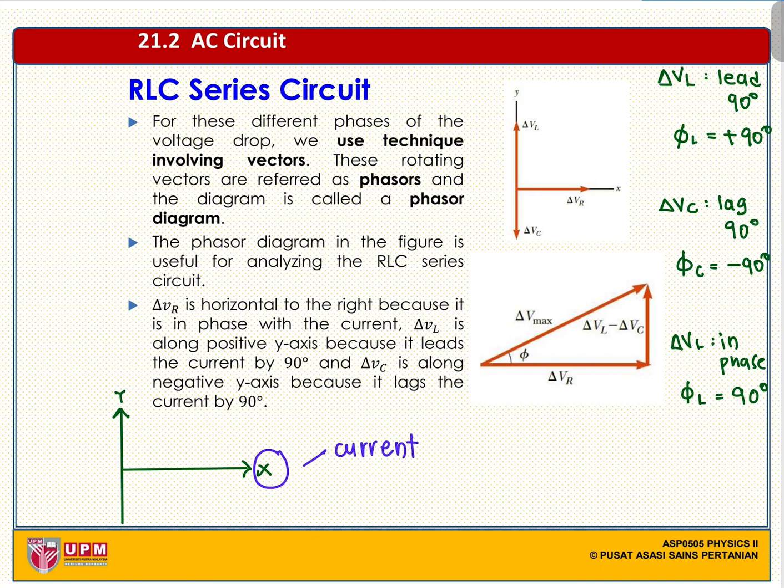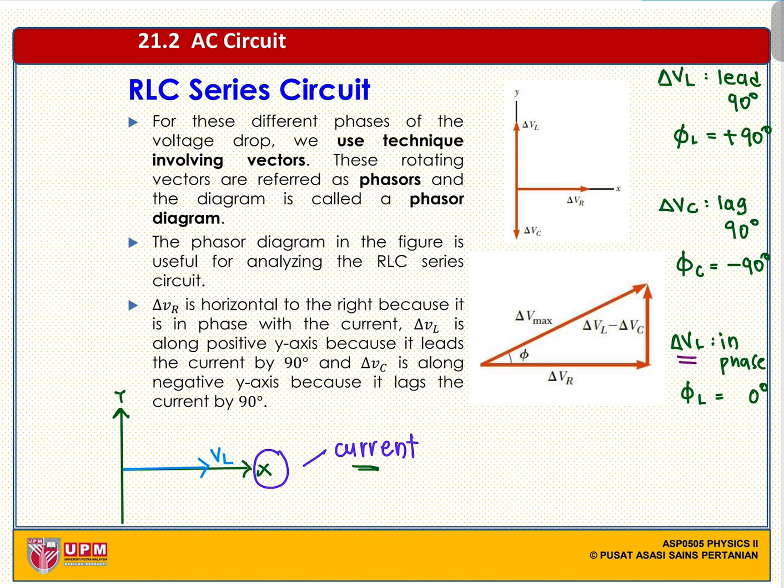So, you nak lukis you punya VR. Okay, VR dia mesti dalam, this one is not 90 degree. This is 0 degree sebab dia in phase kan. So, bila dia 0 degree, kita nak compare dia dengan this current. So, it means that your VR is here. Sebab dia dengan current is 0 degree. So, this is your VR.